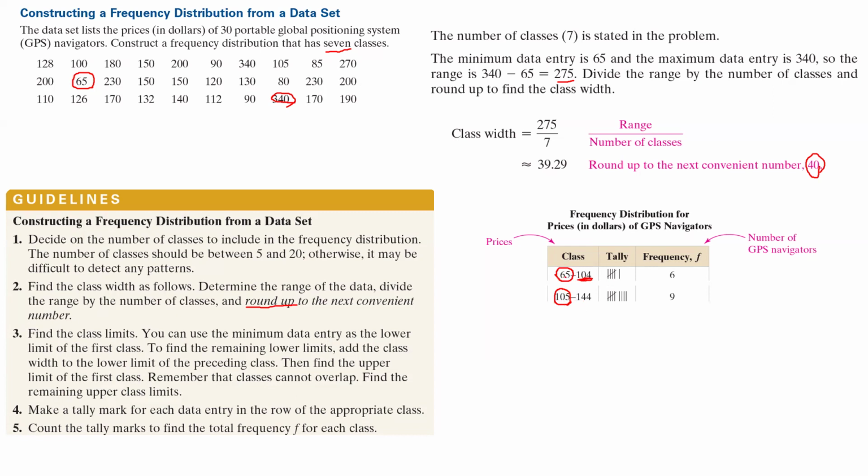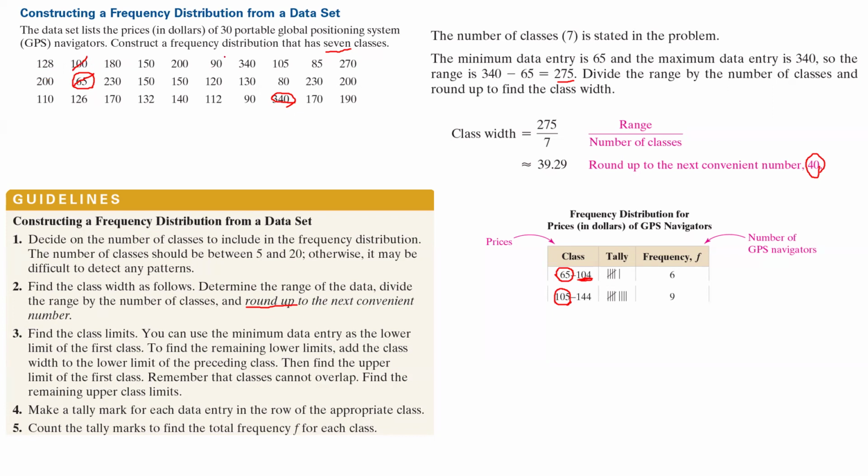Now, count how many 65, 66, 67, 68, 69, and 102, 103, 104 you have in the first class. If you find them, you can take a look. You have a 65 here. Then you have 100 here.